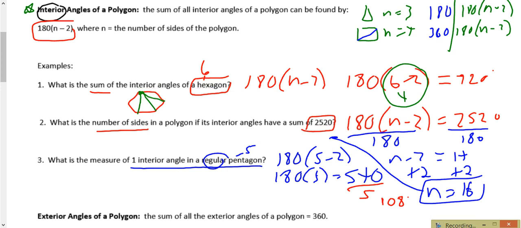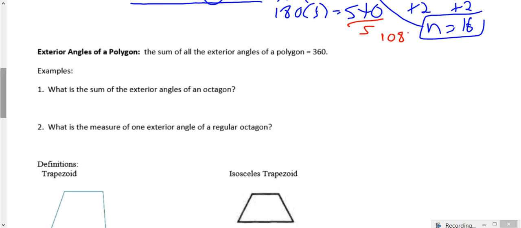Now we're going to turn our attention to exterior angles, and then we'll be done with this piece. As I mentioned before, if I extend a side, that's the exterior angle. If I extend that side, that's the exterior angle. If I extend that side, that's the exterior angle, compared to the interior ones, which we just got done talking about.